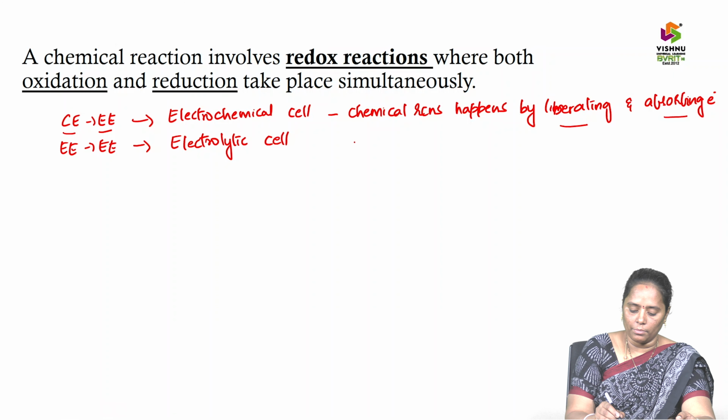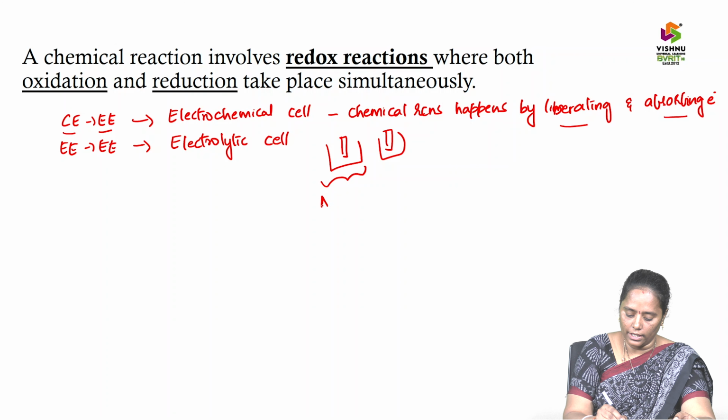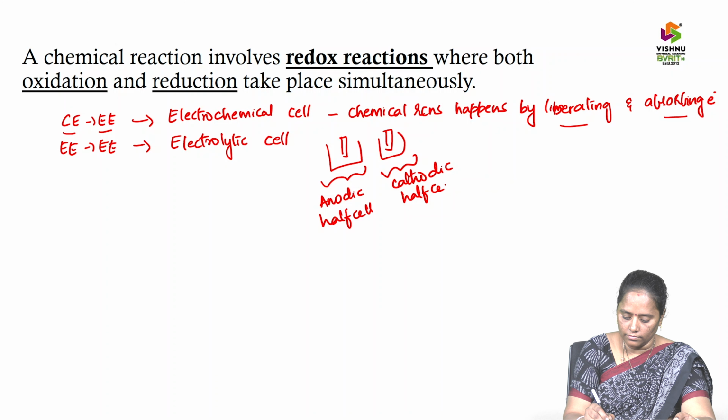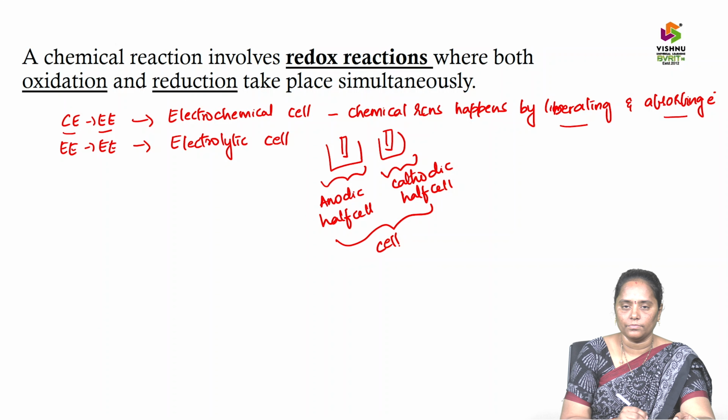In an electrochemical cell, it contains two parts, anode and cathode. This can be anodic half cell. This can be cathodic half cell. The two half cells combine to form a complete cell.